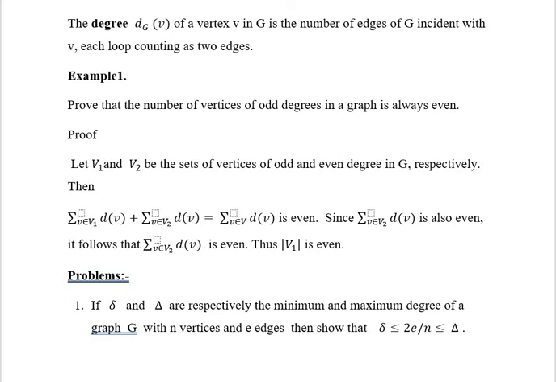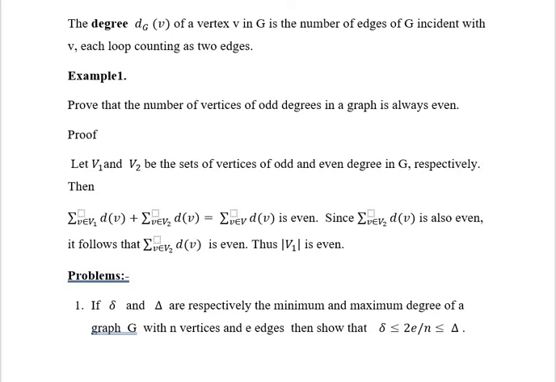We have already got that the sum is equal to an even number. Now what about sigma v element of V2, degree of v? As we know, V2 indicates the set of all even degree vertices. So if you are adding those even degree values, we are getting the sum also as an even number.